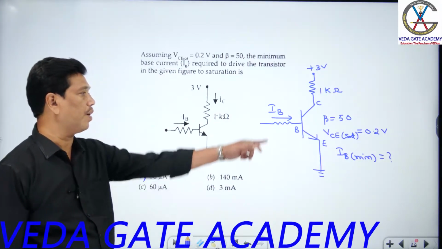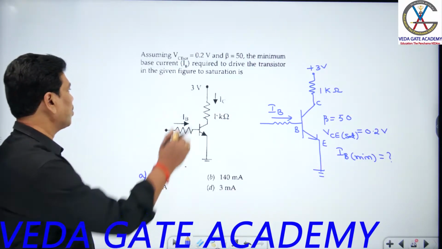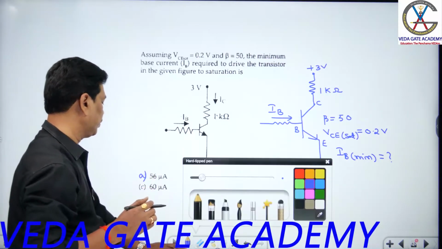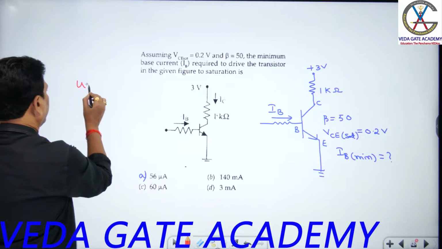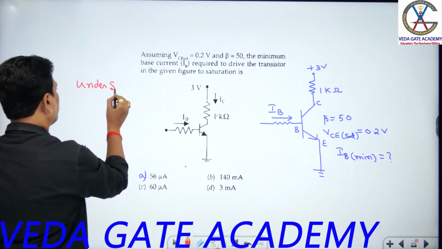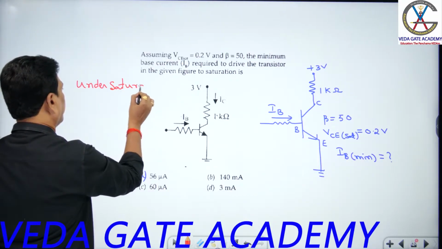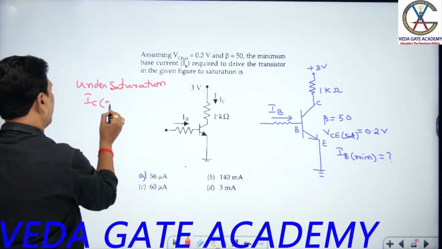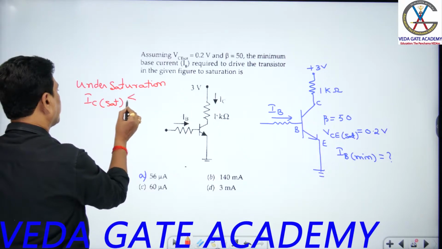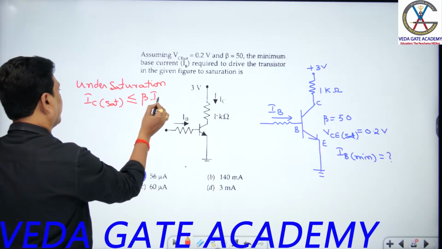Now I can go for the saturation mode conditions. Under saturation, IC saturation is less than or equal to IC active, that is less than or equal to beta IB.